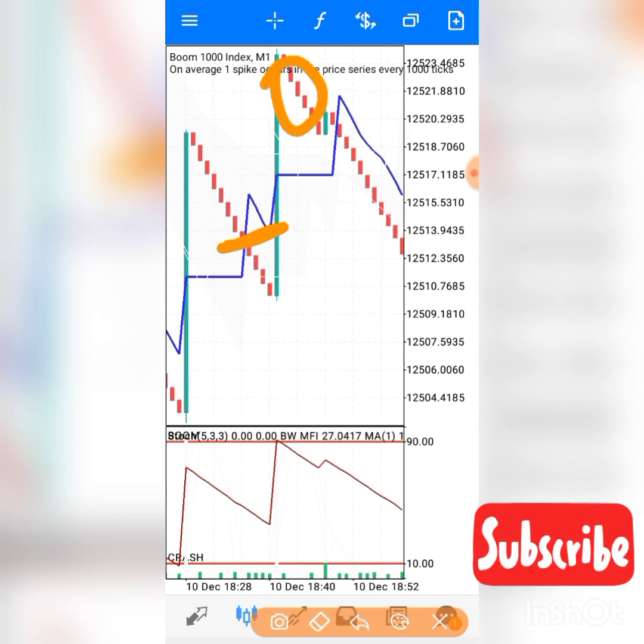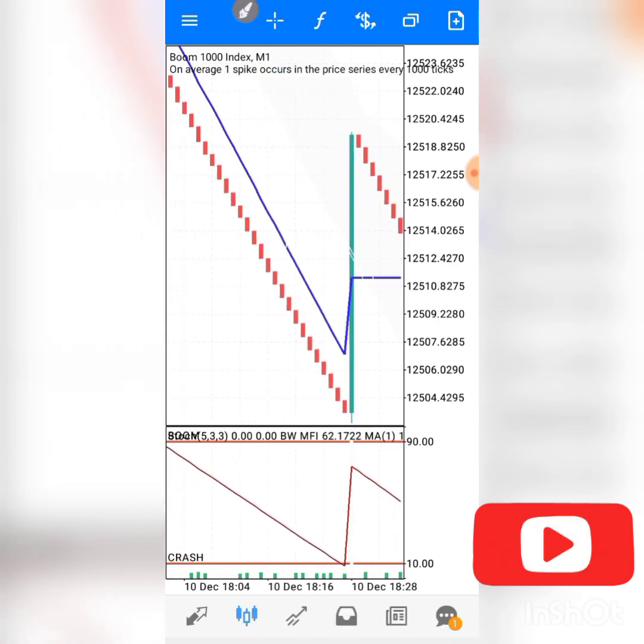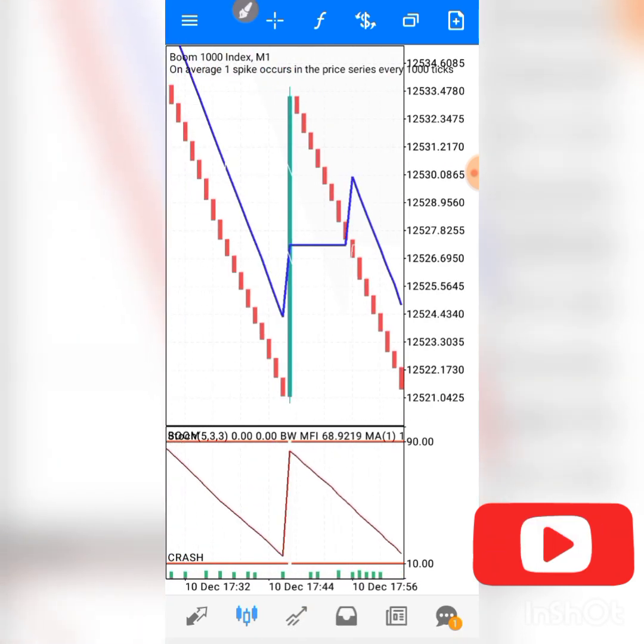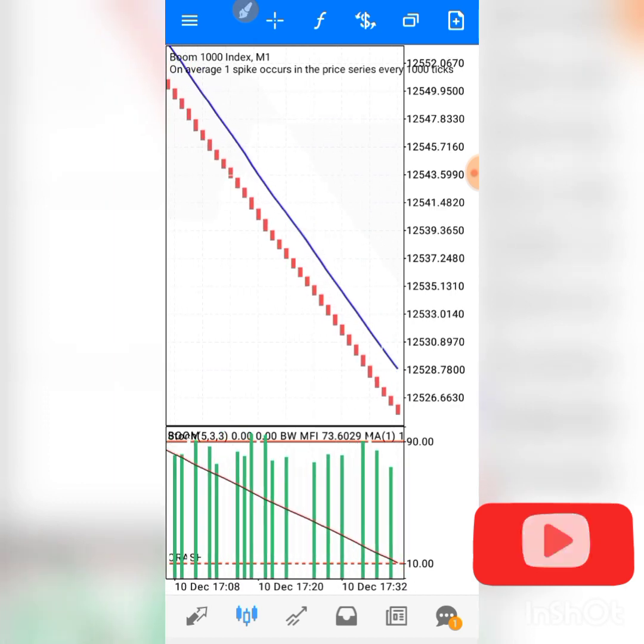If you see that the market has touched the Ichimoku, then you leave the market. That's why I added the Ichimoku to this strategy, so that it will help us not to be over greedy. Because anytime the market touches the Ichimoku, the probability of a spike coming is very high.